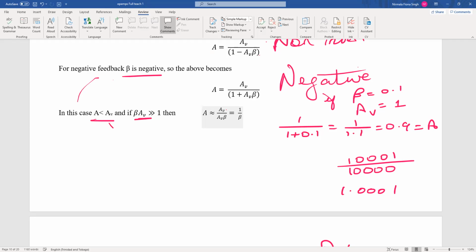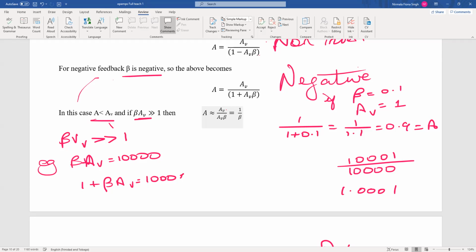All right, so when beta AV is much greater than 1, what's going to happen? Let's use the example of beta AV equal to 10,000. 1 plus beta AV is equal to 10,001, and 10,000 is basically equal to 10,001.